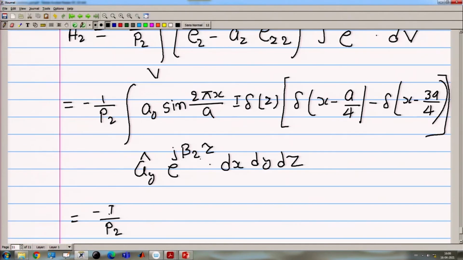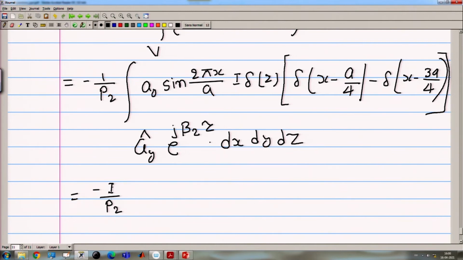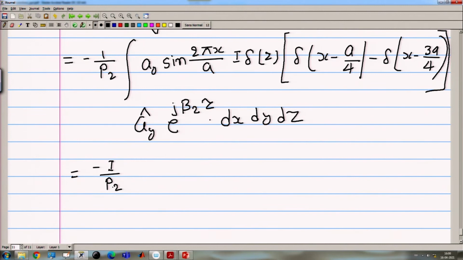So, minus 1 upon P2, and at x is equal to a by 4 that will be sin pi by 2, minus sin at x is equal to 3a by 4. So, that will be sin 3 pi by 2.